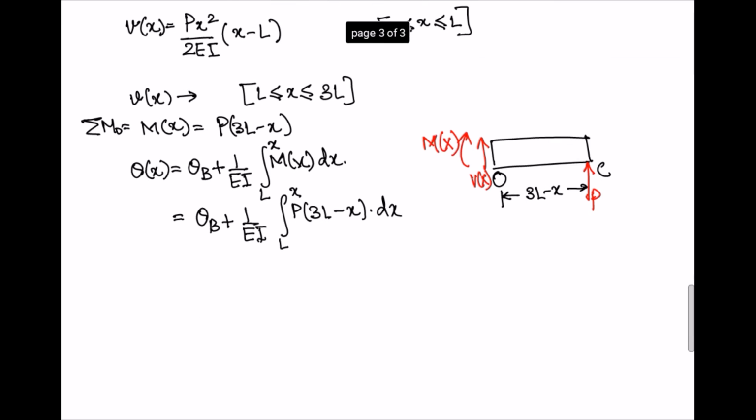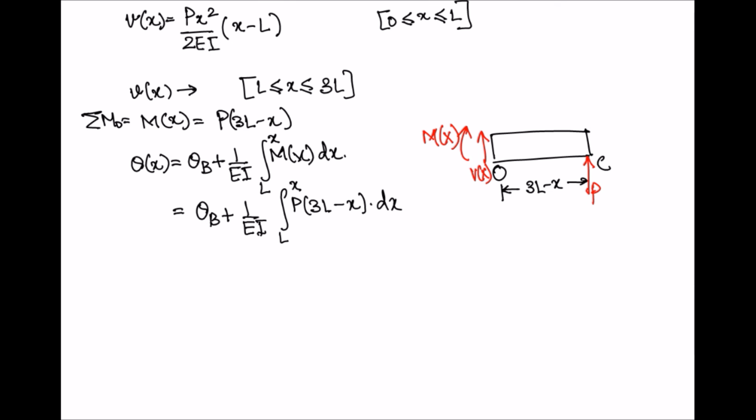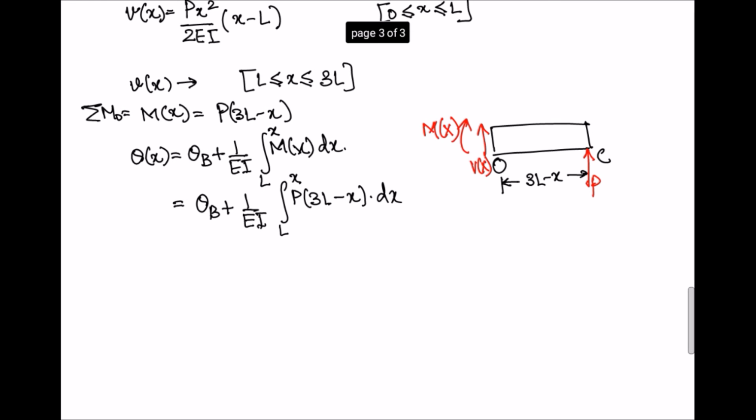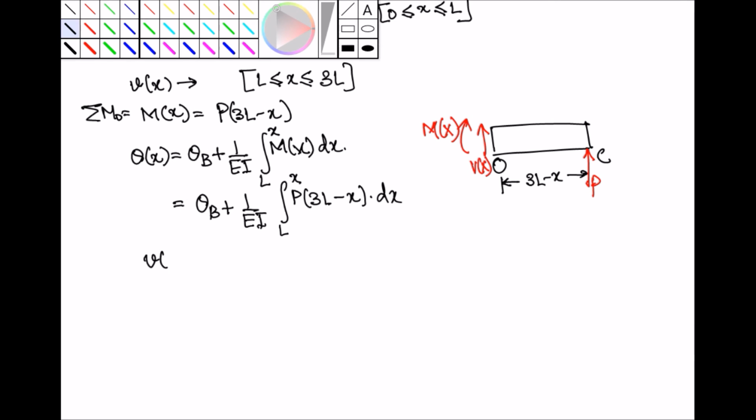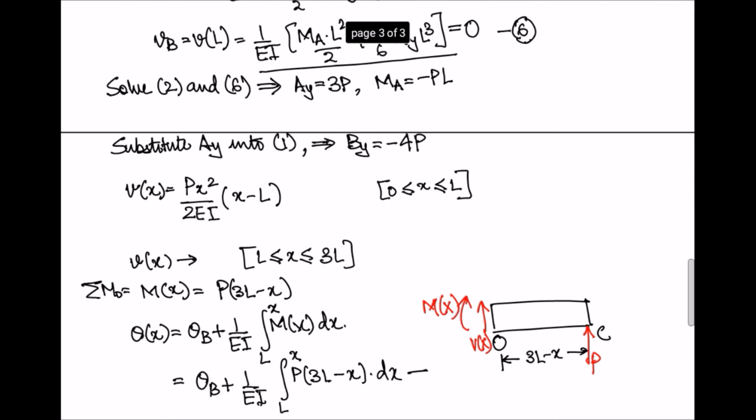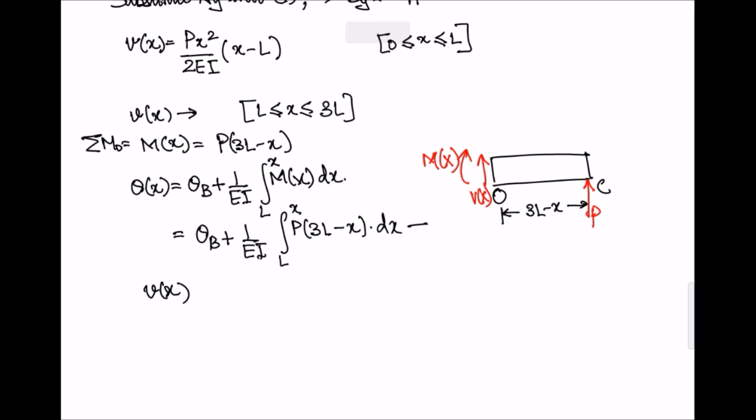We know what theta B is going to be in terms of everything that's known to us, because we have solved for the unknowns. Let's call that equation 7 for now.